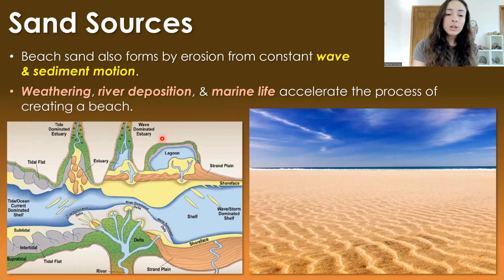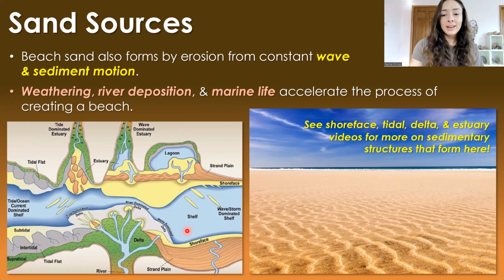For example, you can have a wave-dominated estuary versus a tide-dominated estuary. There's a whole bunch of different structures and types of environments that form depending on what's dominating that environment. So check out my shoreface, tidal, delta, and estuary videos, all separate videos, for more on those structures.